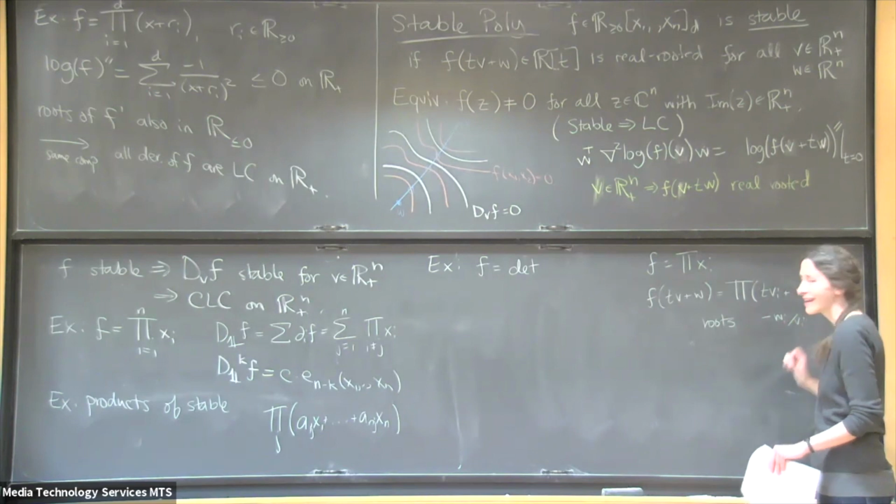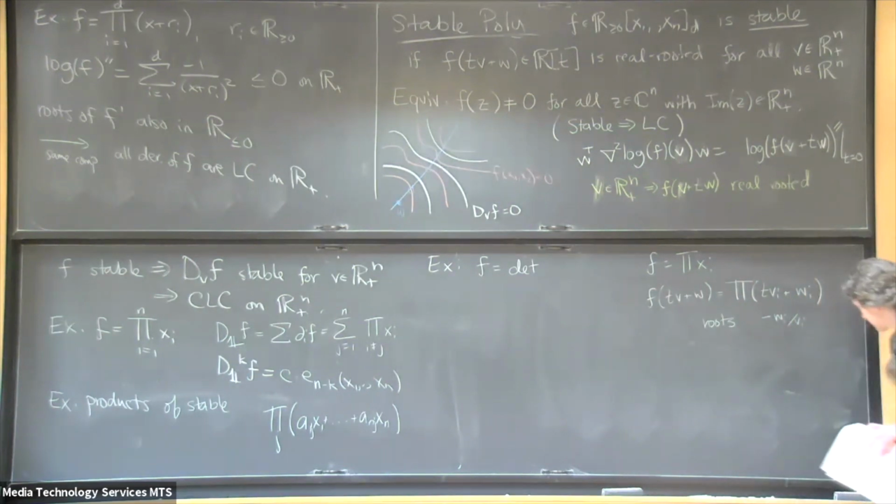Oh, yeah, okay. It's real rooted, but you don't know where the roots lie on the line, because the w_i can be anything. That's true. The roots can be negative or positive, but you don't care, you just want them to be real rooted.